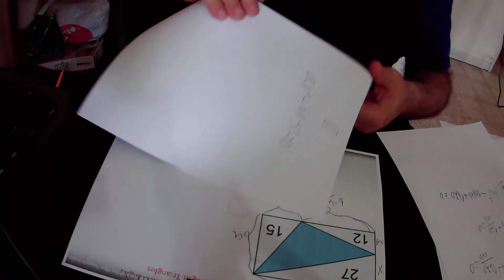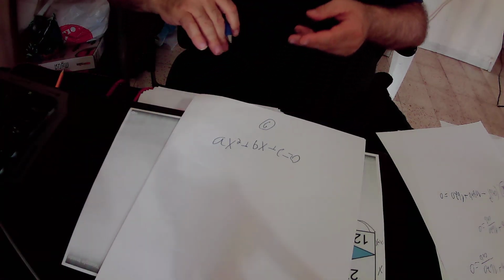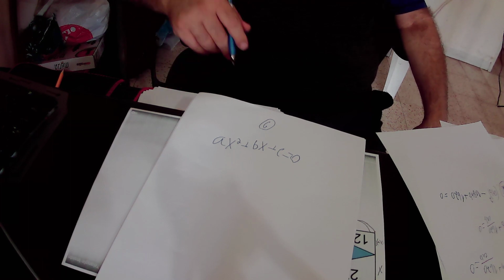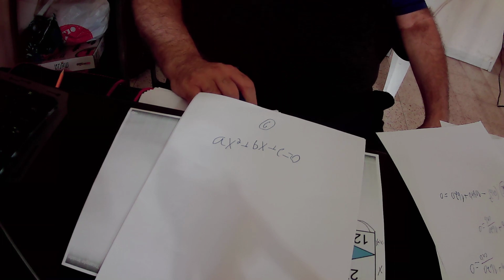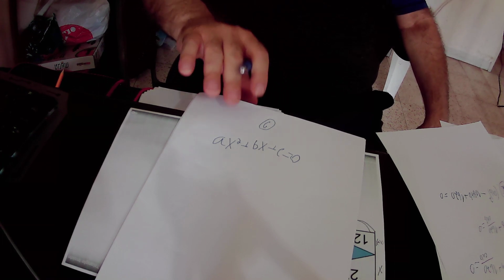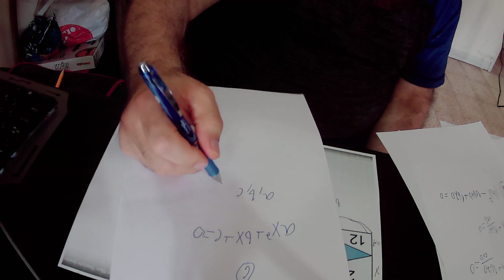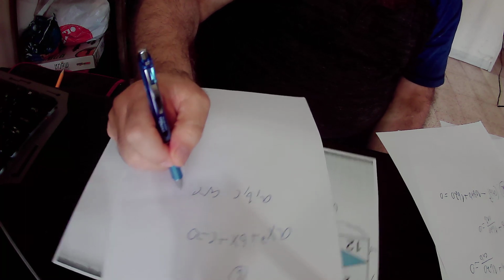Okay, so this is the general form of a quadratic equation, and actually A, B, and C are the coefficients of a quadratic equation.